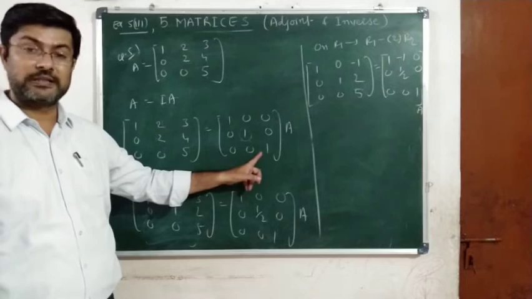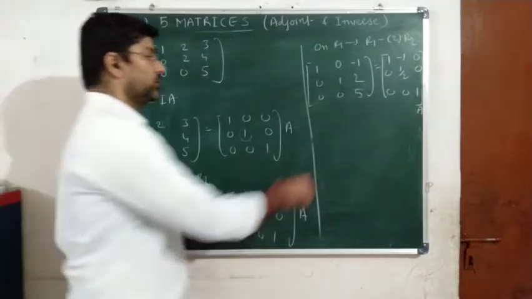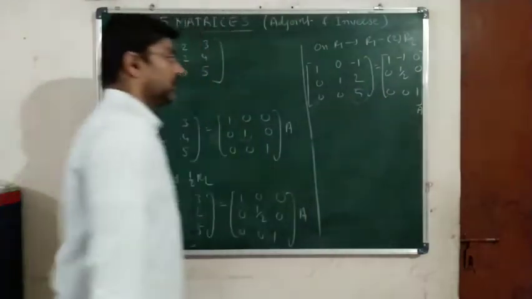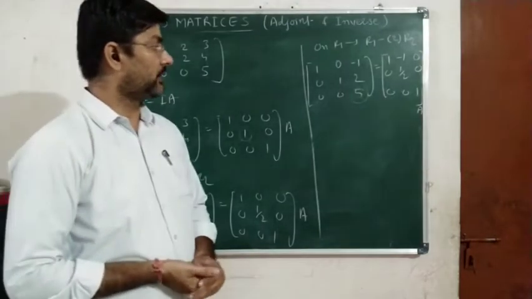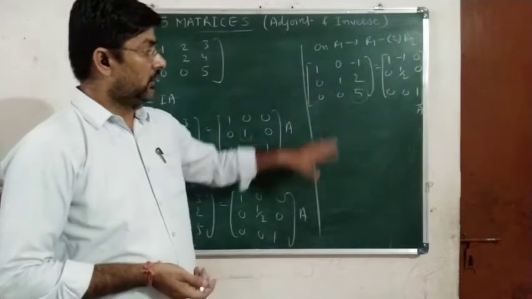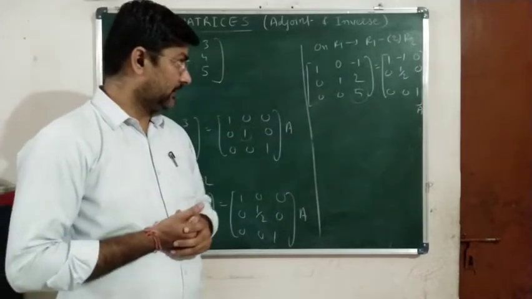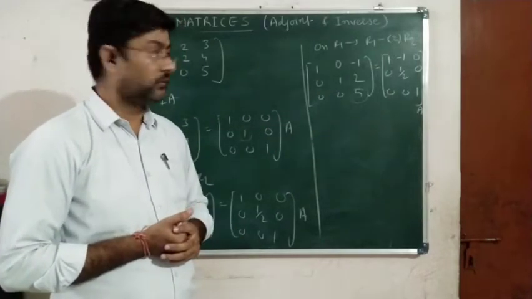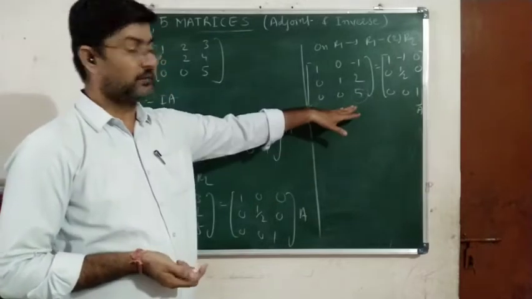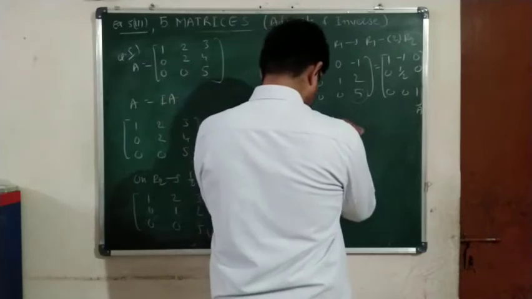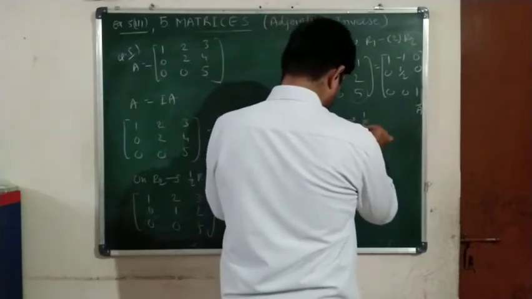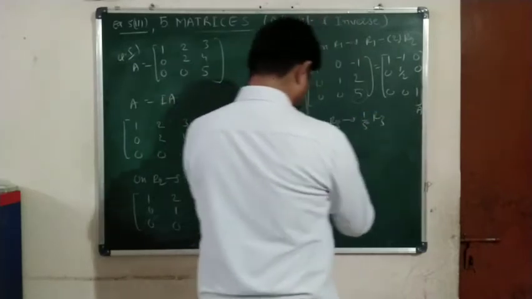So our first task is to bring over here 1. So in place of 5 we want 1. What we can do now is divide by 5. It is the easier task. Yes or no? Okay, so we will divide the third row by 5. So on R3, 1 by 5 into R3.